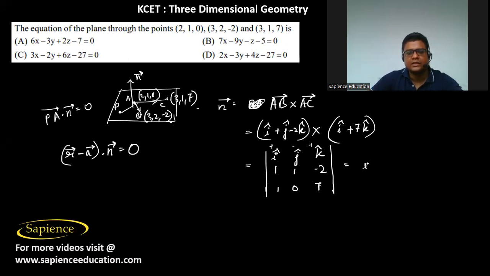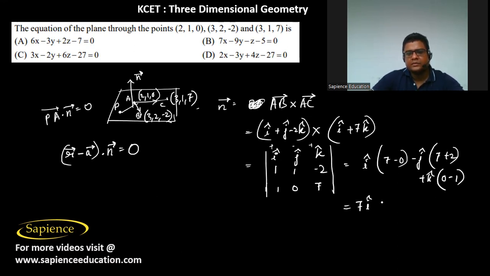Then this will be equal to I cap into 7 minus 0, minus J cap into 7 minus of minus 2, so plus 2, then plus K cap into 0 minus 1. So this will be 7 I cap minus 9 J cap minus K cap. So this is the n vector.